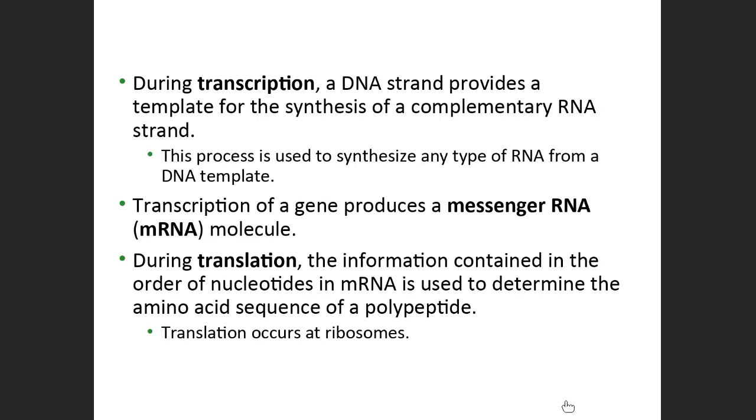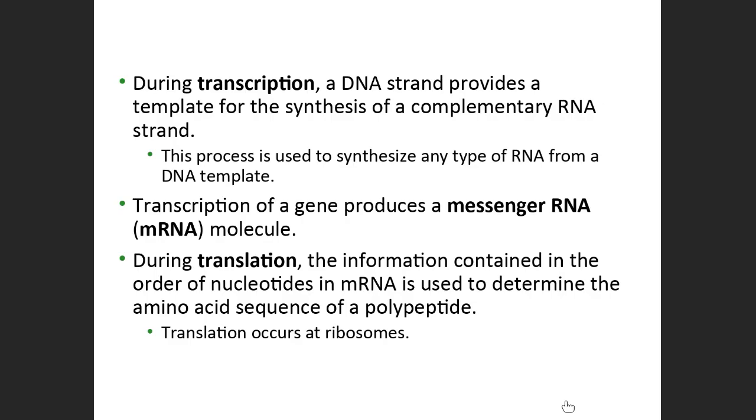And the messenger RNA is what we call the type of RNA produced by transcription. There are many other different kinds of RNAs, and we'll talk about some of those in the remaining lectures. Today we'll also talk about transfer RNA and ribosomal RNA. But there are many other RNAs out there, and we'll mention a few of them later on. So during translation, the information contained in the messenger RNA is going to be translated.